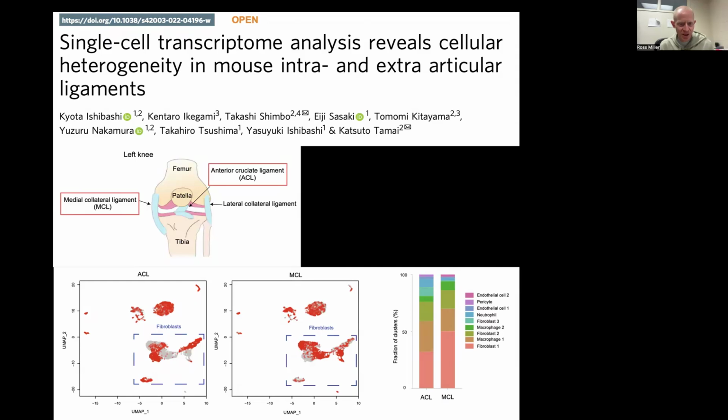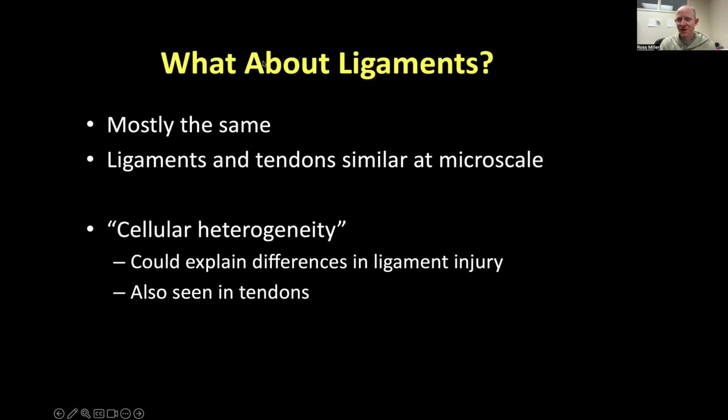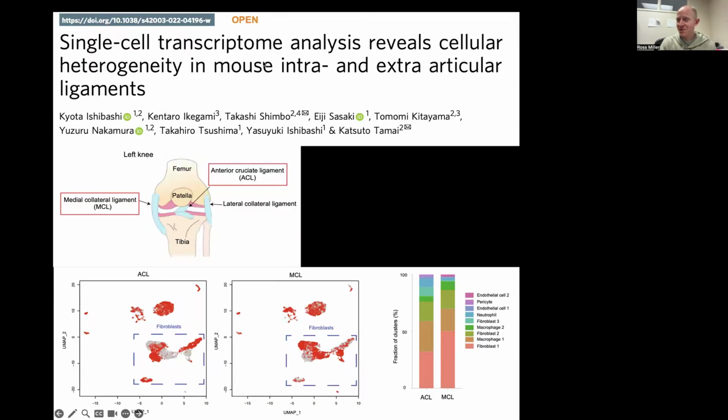So, for example, here is a study examining this cellular heterogeneity. This was in mice, but we might expect to see perhaps a similar thing in humans and their MCLs and their ACLs, where we see this cellular level heterogeneity in the concentrations of different cells in the ACL versus the MCL.